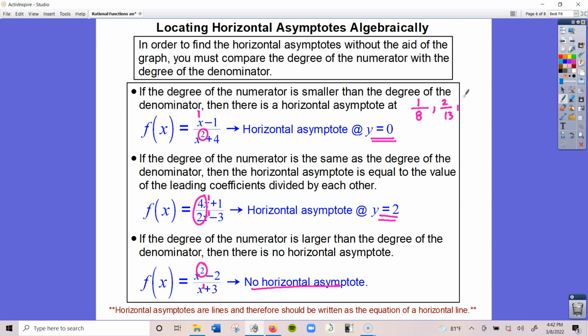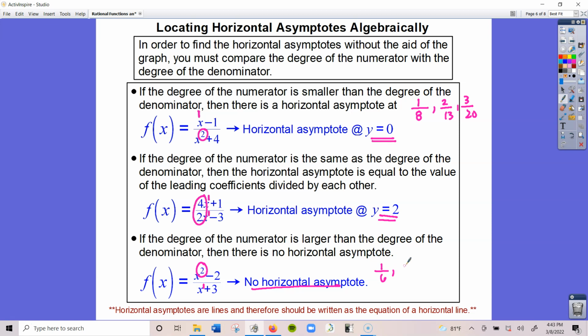If I plug in 4, I would get 3 over 16 plus 4, 20. These fractions are going to keep getting smaller and smaller, closer and closer to 0. Versus here, if I plug in, let's say, 3, I get 1 over 6.